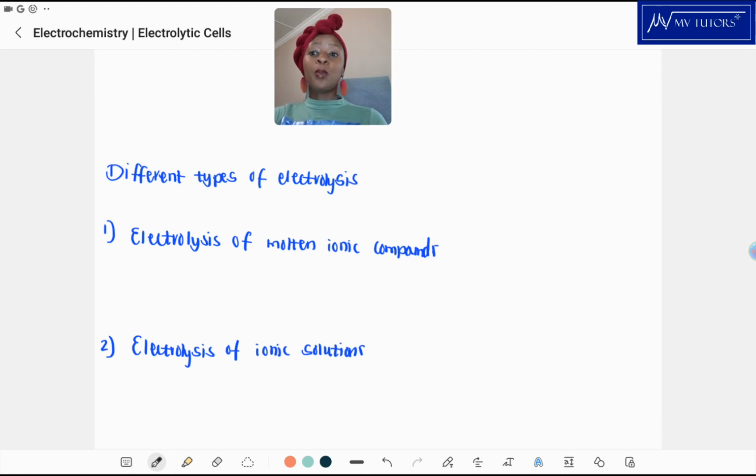So with the electrolysis of molten ionic compounds, your cations will attach to the cathode and your anions will attach to the anode. That's pretty much that.